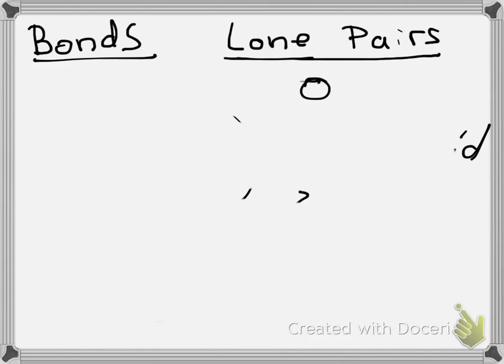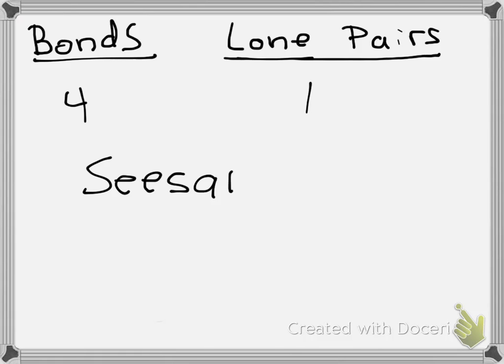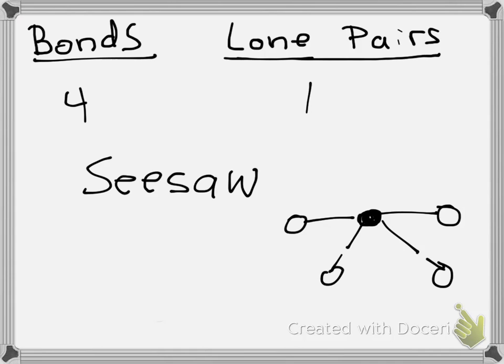And then the next one we have is 4-1. And that one is called a seesaw. In 3D, it actually does look like a seesaw. I'm afraid my sketch probably won't look that way. So you have a bond going here, a bond going here, a bond going here, and a bond going here.